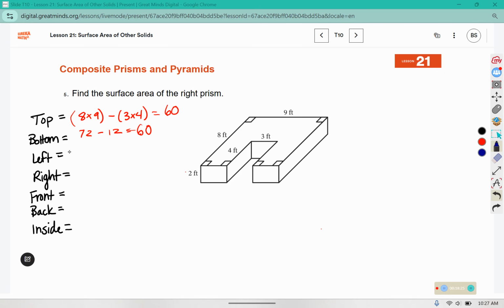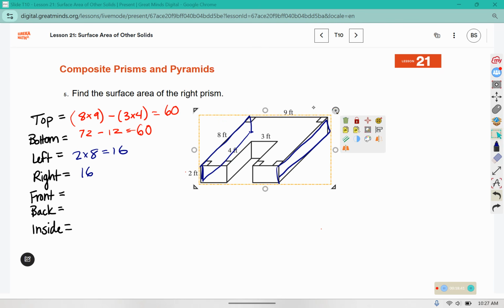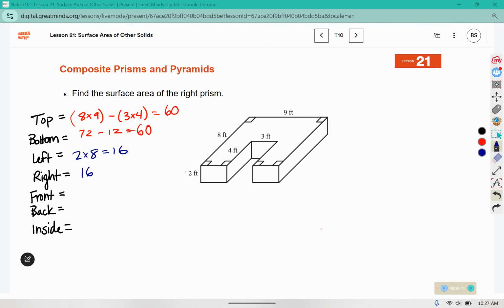From the left side, I have a 2 by 8 rectangle, which is 16. From the right side, I also have a 2 by 8 rectangle. For the front, I have this piece and this piece.